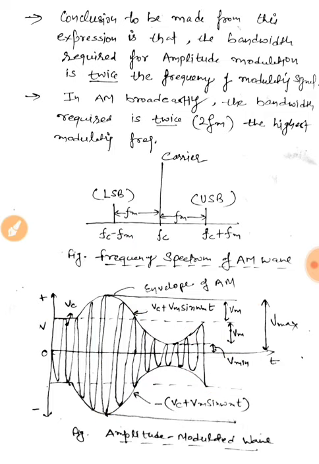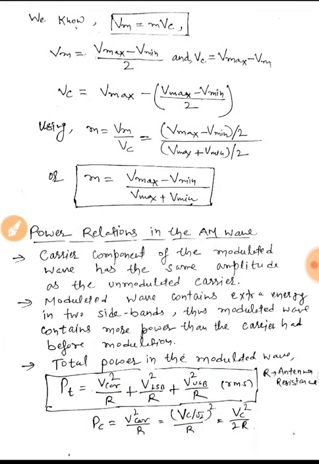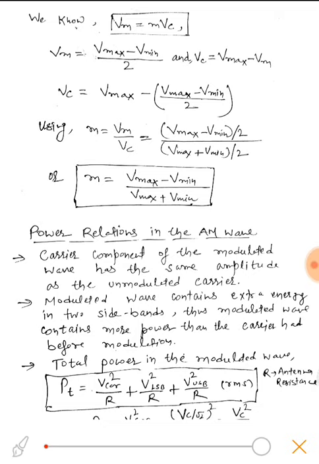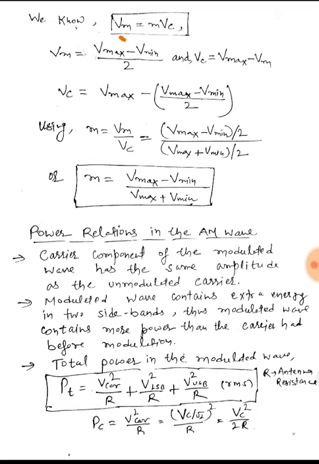Okay, so now we know that Vm is equal to M into Vc, that is by the modulation index. Vm is equal to MVc, and from the diagram we can see Vm is equal to Vmax minus Vmin by 2, and Vc, that is the carrier amplitude, is Vmax minus Vm.